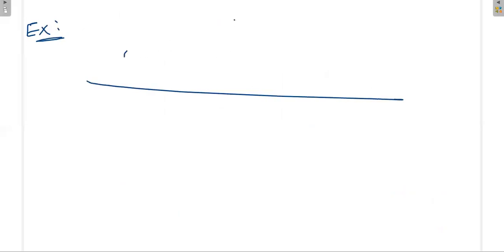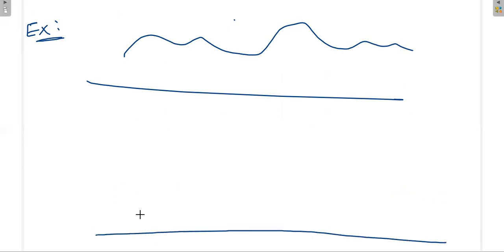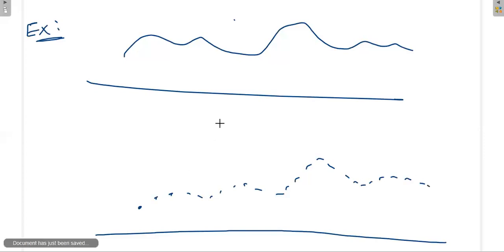Definitely after sampling, it will look like this. But in the process of sampling, what have we done?